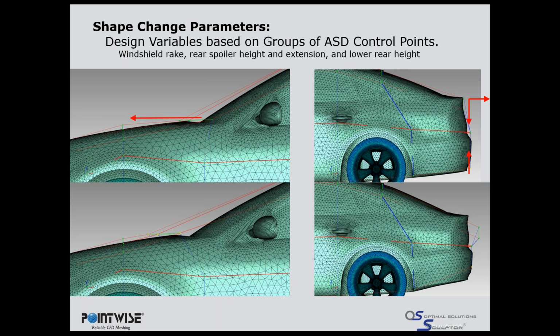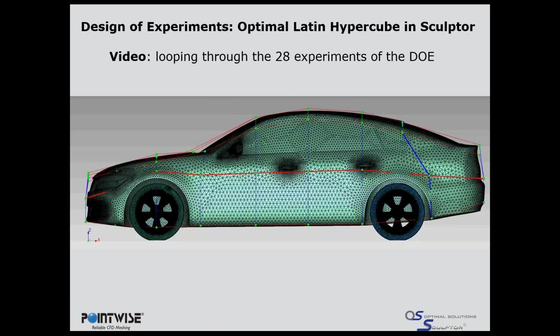And then the fourth is the lower rear height or rake that controls the lower back end. The images below just show that those have been moved, and it's a very smooth and volumetric deformation, so that the cell quality is maintained, even the Y plus layers and the orthogonality on the boundary layer mesh.